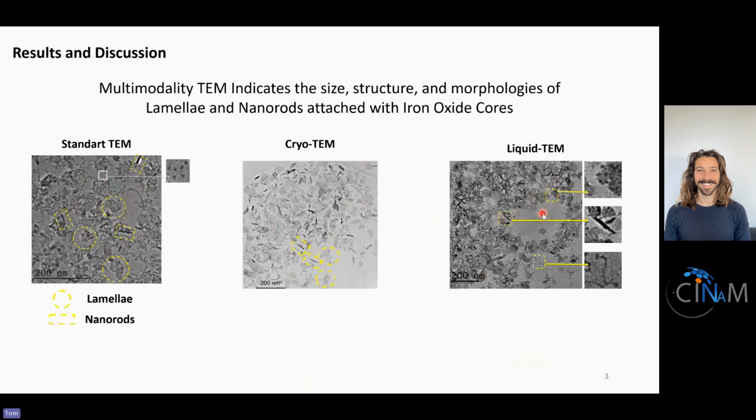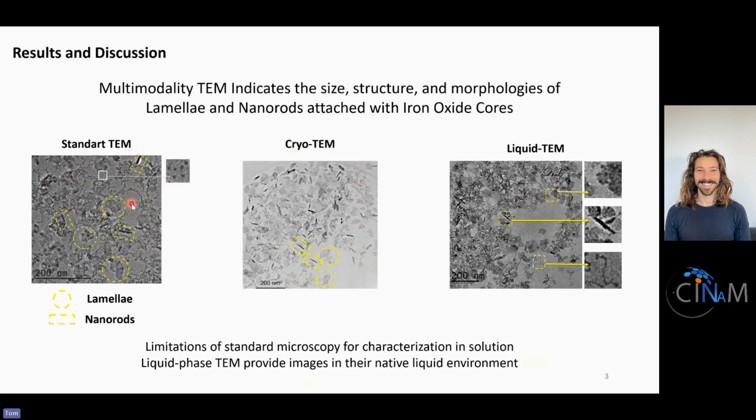This lets us know that with standard TEM, we have artifacts of sample preparation, where we can observe a single iron oxide core in the solution, which is actually wrong. So with cryo-TEM and liquid TEM, we can really study the particles in their native environment.